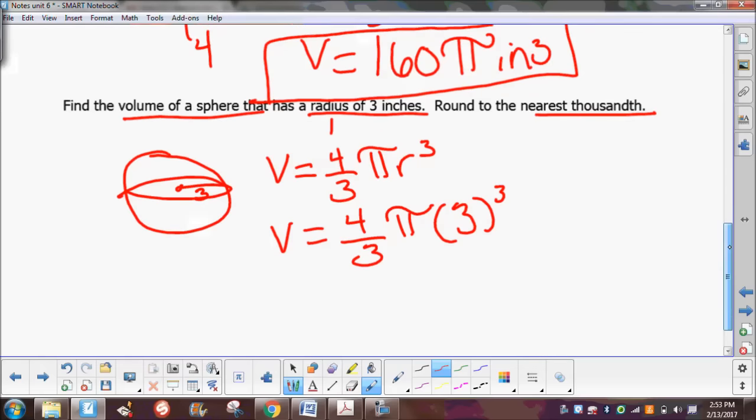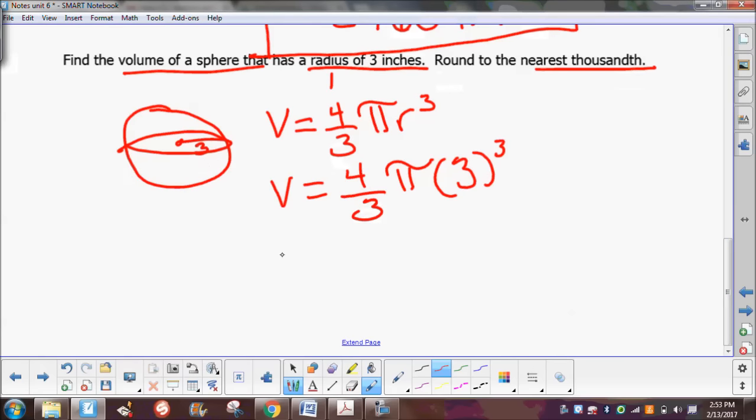You're going to use that exponent key on your calculator, and because it says to nearest thousandth, we have to use the pi key. I'm going to type that into my calculator while you guys are doing the same thing, and then we'll get an answer.